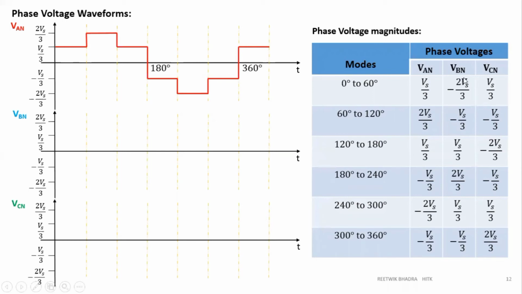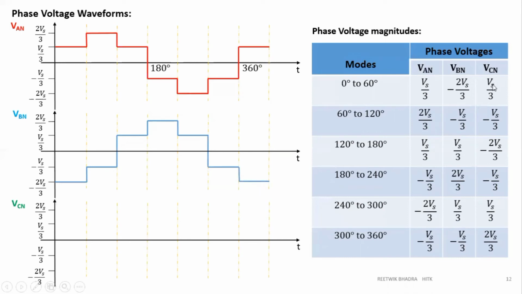Now we'll plot VBN. It will start from minus 2 Vs by 3, blue line. Then minus Vs by 3. Then Vs by 3. Then 2 Vs by 3. Then Vs by 3. Then minus Vs by 3. Then at last it will again go to the 0 to 60 degree value, that is minus 2 Vs by 3.